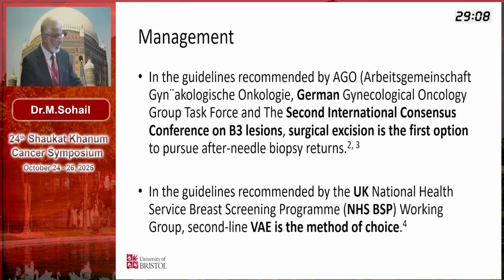For example, the German guidelines by AGO, and also the Second International Consensus Conference, said that surgical excision is the first option to pursue after needle biopsies when there is AIDP on the core biopsy. Whereas, as I said, in the UK since 2019, we are following that if there is atypical intraductal epithelial proliferation, whether on the VAB or on the core needle biopsy, VAE is the method of choice.